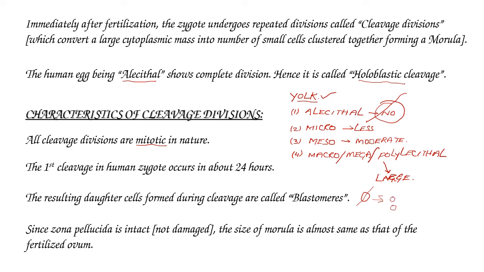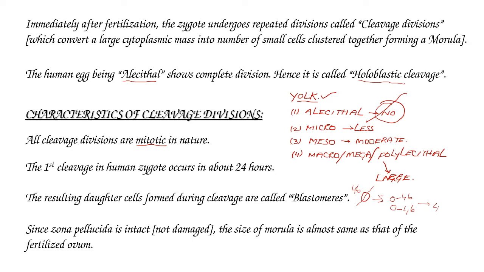So mitotic division is equal. The zygote has 46 chromosomes, which means whatever the two cells formed, each cell gets 46 chromosomes. And then again these two cells undergo cleavage and form four cells. Like that it will continue till the development of an individual.